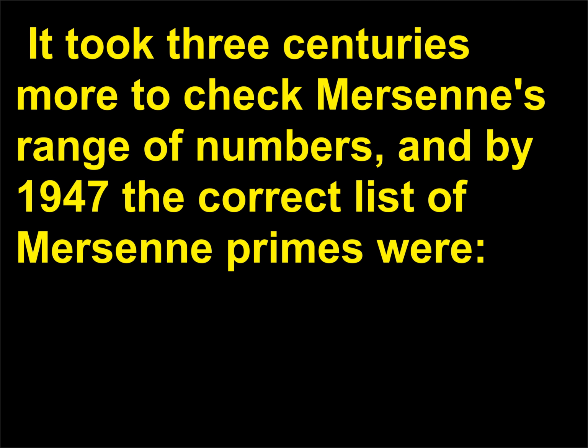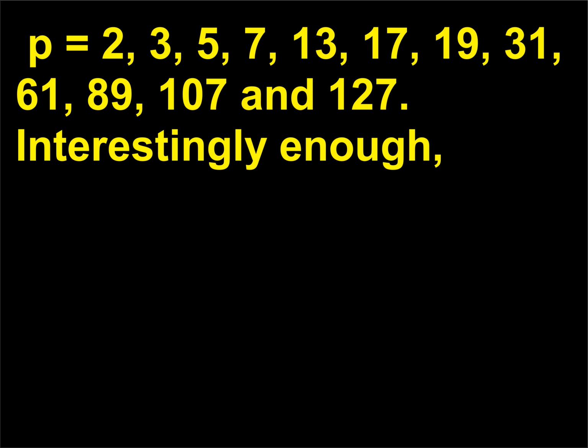It took 3 centuries more to check Mersenne's range of numbers, and by 1947 the correct list of Mersenne primes were p equals 2, 3, 5, 7, 13, 17, 19, 31, 61, 89, 107 and 127.